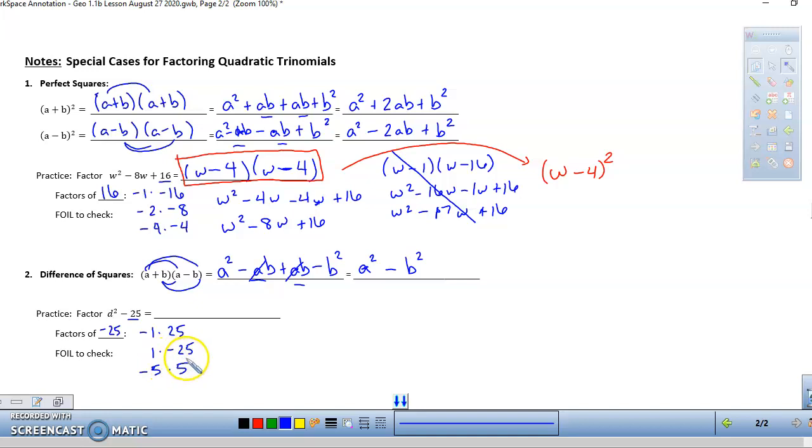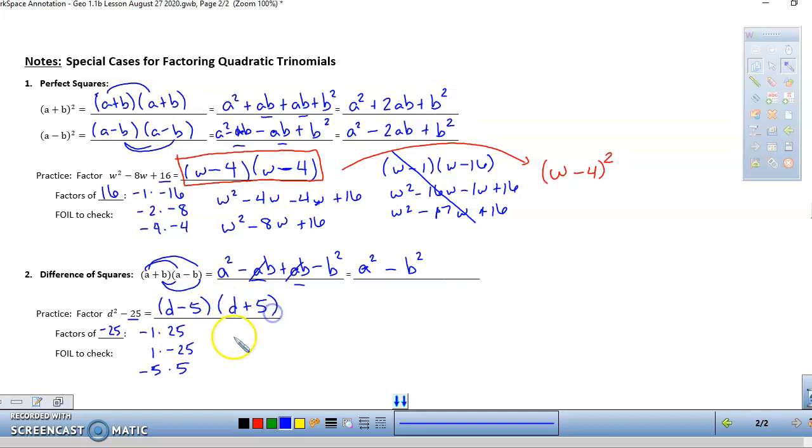You could say 5 times a -5, but that's the same option. So all I am telling you is if you notice that this is an option, like a 5 times 5 or 4 times 4, 3 times 3, I would just try that one first. That's all I'm saying. It'll just cut down on some time. Now, it's not going to work every time, but I would just try it first.